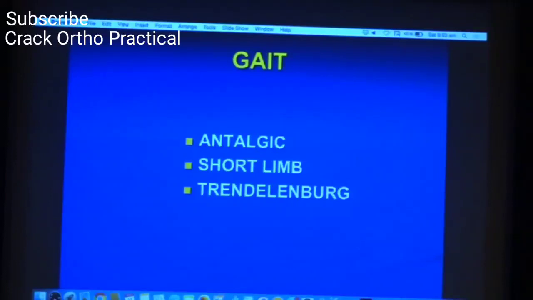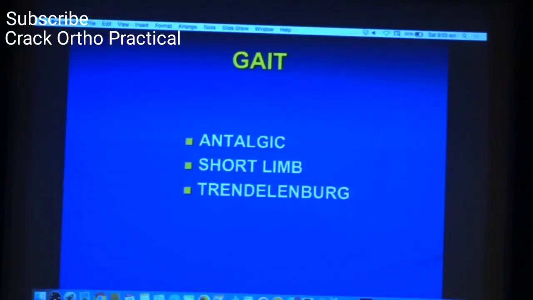And for your information, the Trendelenburg component in that patient was not picked up by the examinee for the simple reason that it is a well-known fact that in the presence of shortening, the Trendelenburg component becomes less pronounced, or masked. The corollary to this is, if you have a patient who has a positive Trendelenburg test, walks with a Trendelenburg gait and has shortening, you will never compensate this shortening to its entire amount.